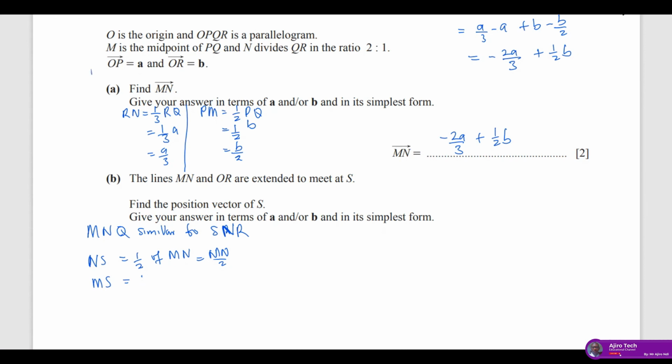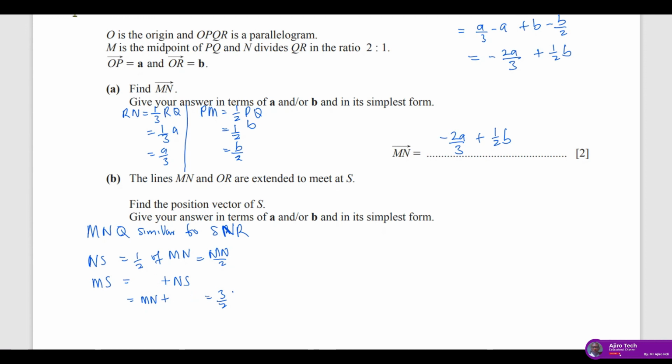So MS is MN plus NS, which is MN plus half MN, which is 3 over 2 MN. I'm writing this wrongly, sorry.